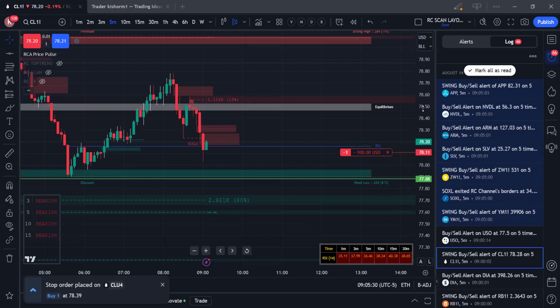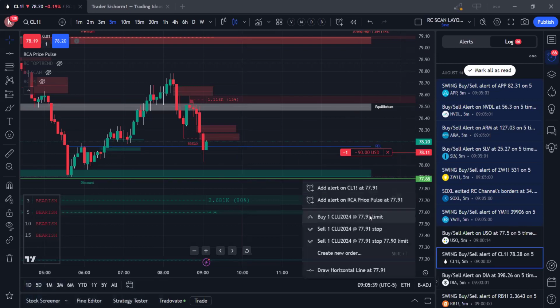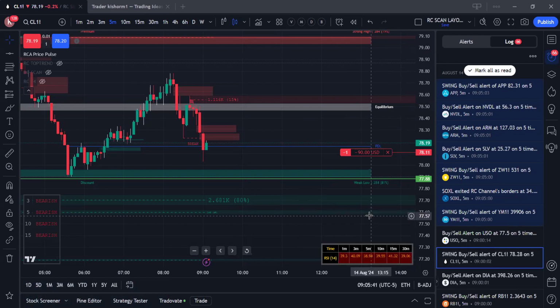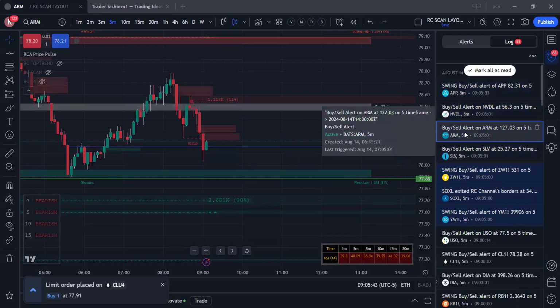So I added a stop loss there, and I can put my target somewhere here, close to 77.9. Then we can look at the other opportunities.